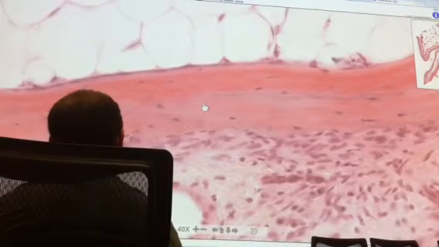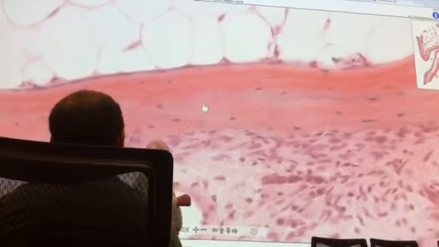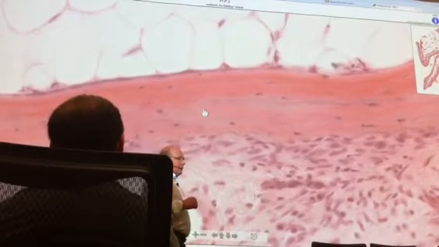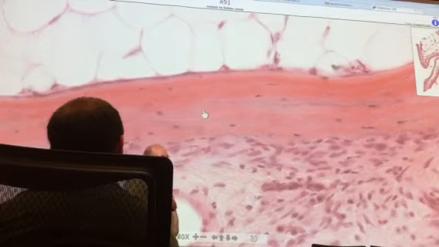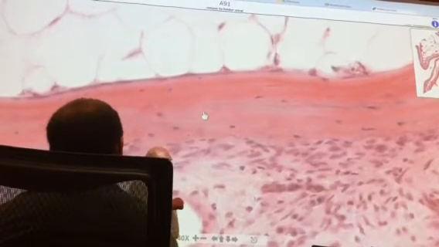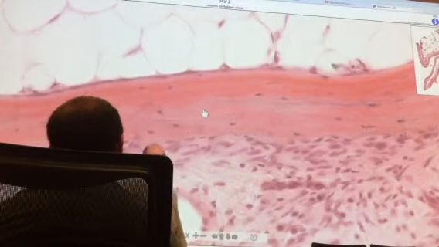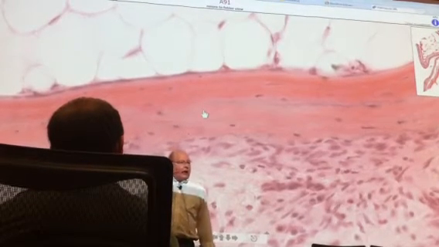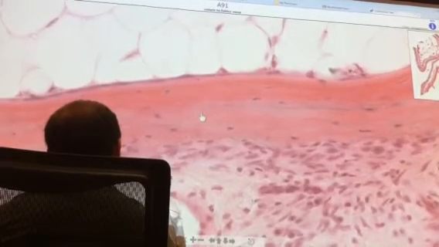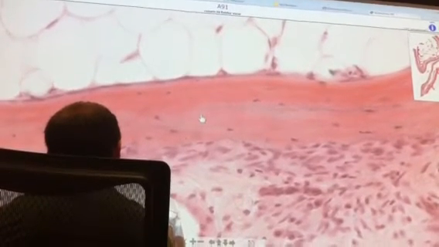Because it's pink, right? But do you notice anything about this? If this were smooth muscle, how many nuclei would you see? A lot, right? So what does this tell you when they're so far apart? It tells you there's a lot of extracellular matrix, right? So you know that it's got to be some kind of connective tissue, okay?